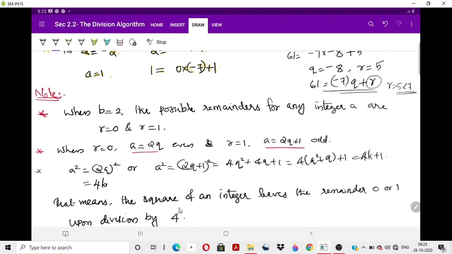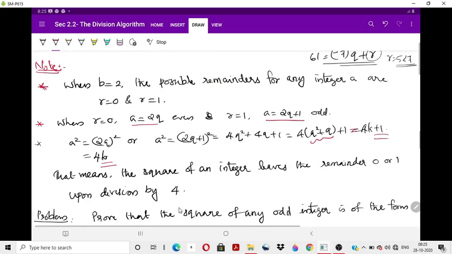This is equal to 4 times (q squared plus q) plus 1. Considering q squared plus q as another integer, this is 4k plus 1. That means we can conclude that the square of an integer leaves remainder either 0 or 1 upon division by 4.